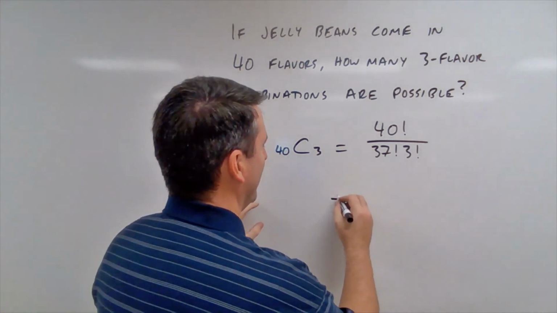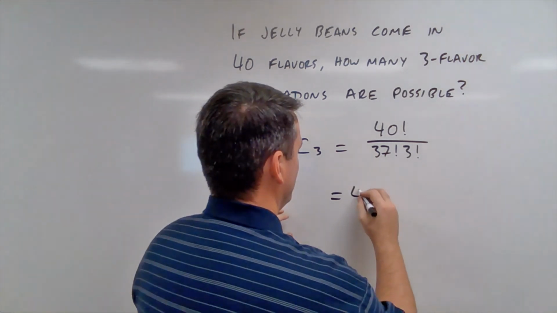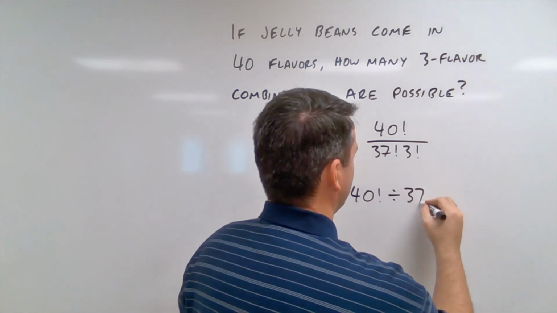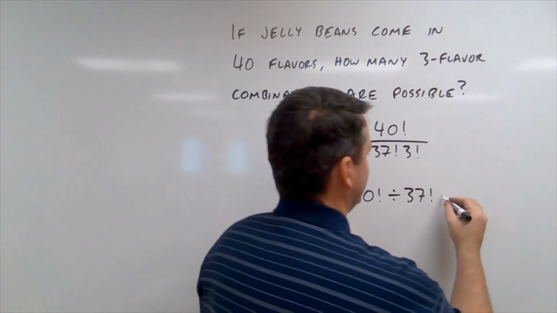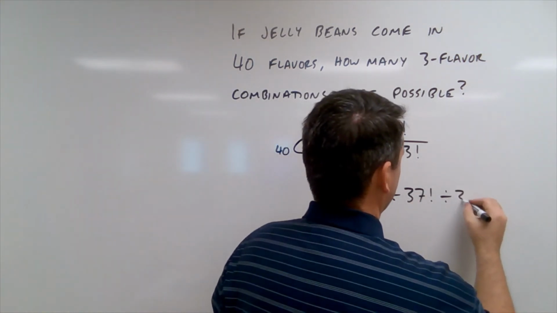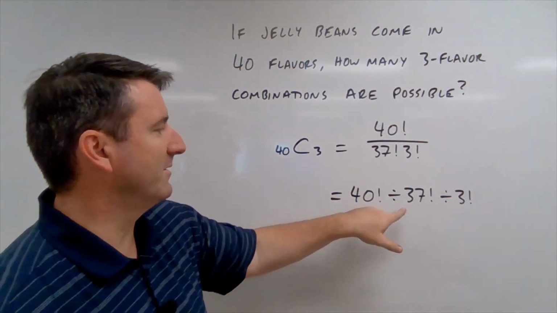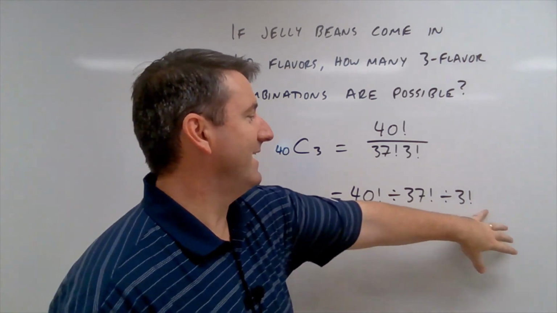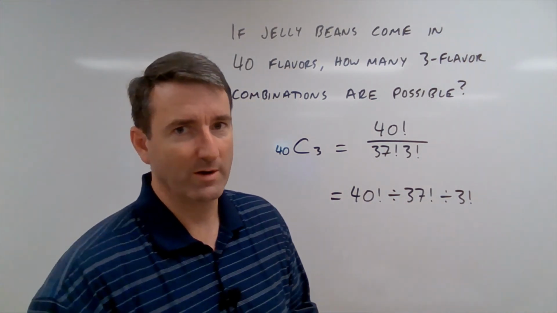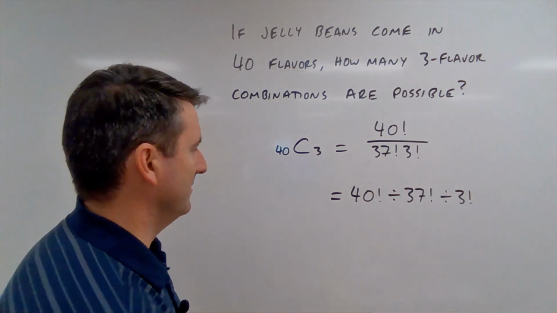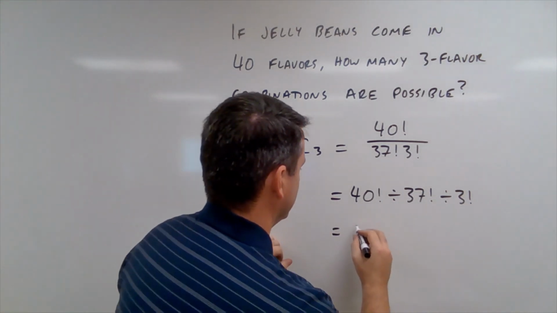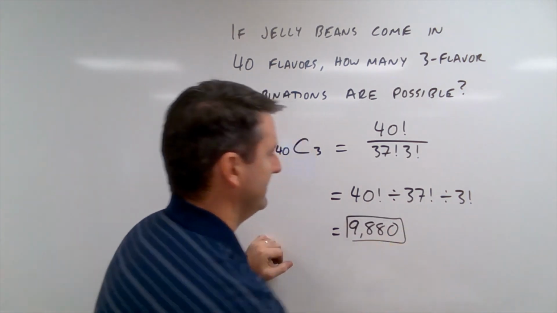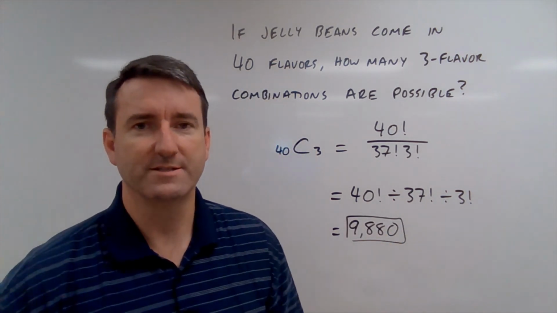So the way that I would enter this into a calculator is I would put 40 factorial divided by 37 factorial, hit enter, and then divide by 3 factorial. And that will give you our answer, which in this case is 9,880 different 3-flavor combinations of jelly beans.